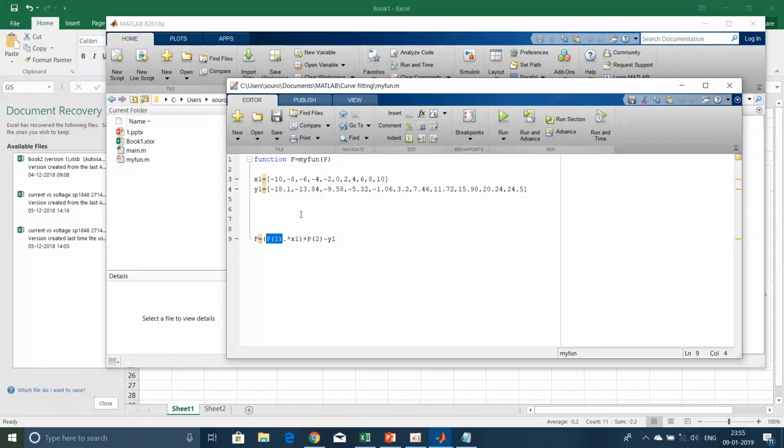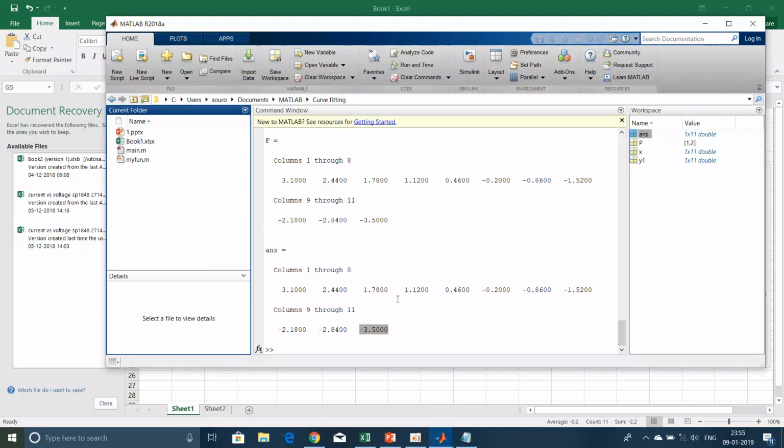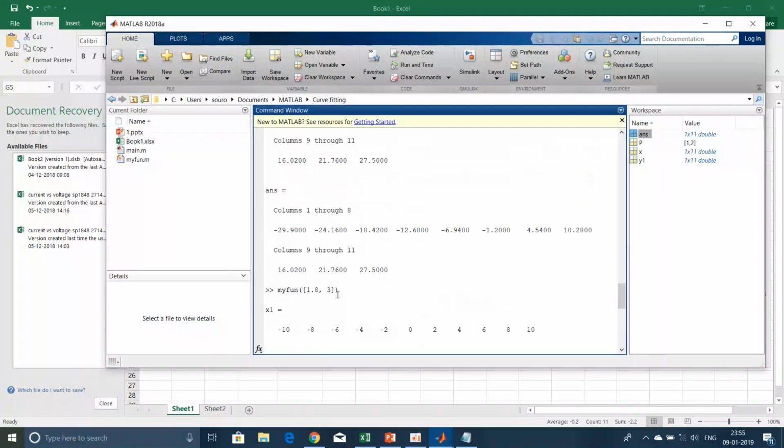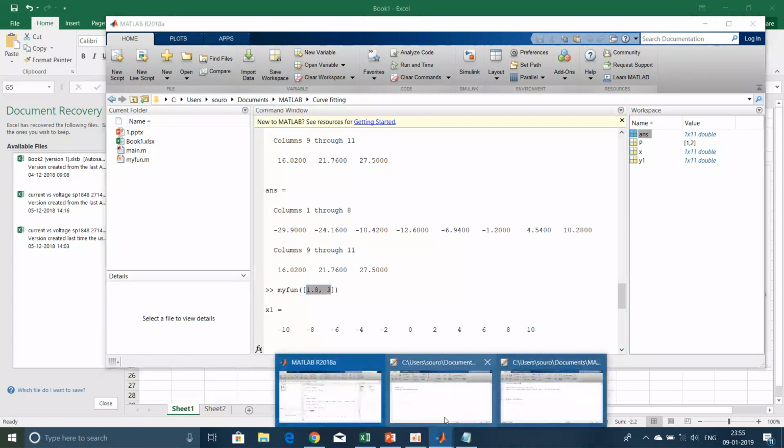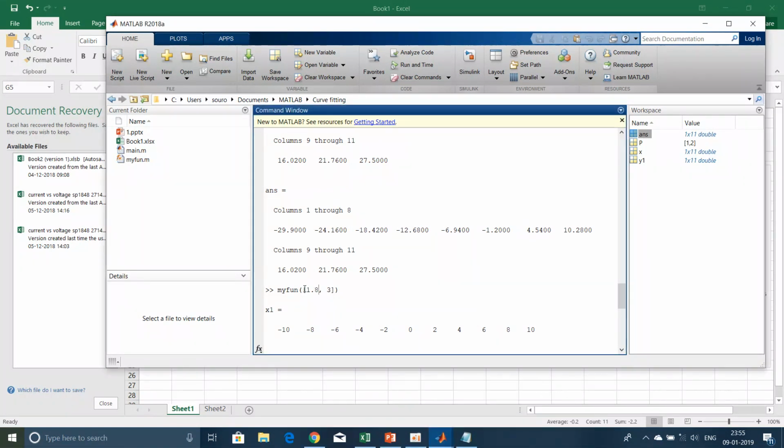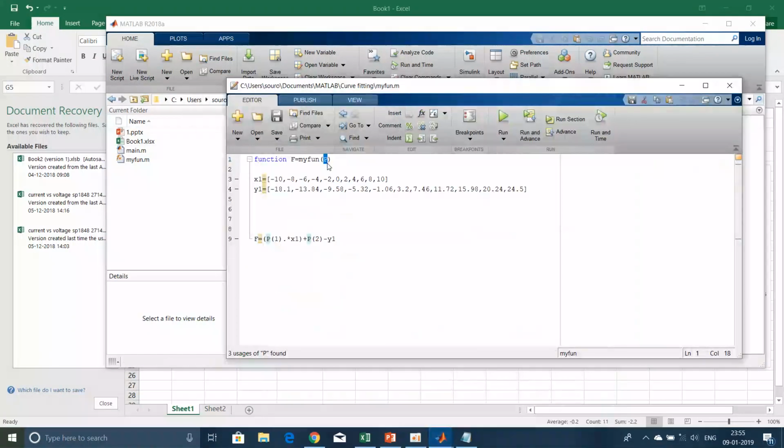So how do we write myFun? A function basically has inputs, which is m and c in this case. So the input is a vector p, which, as you can see in this example, was m and c. It takes in just two values, m and c.